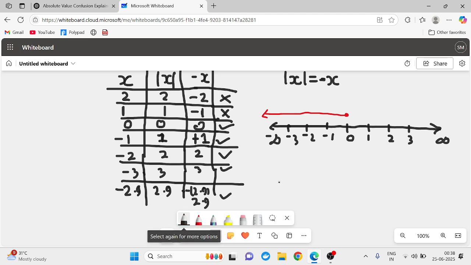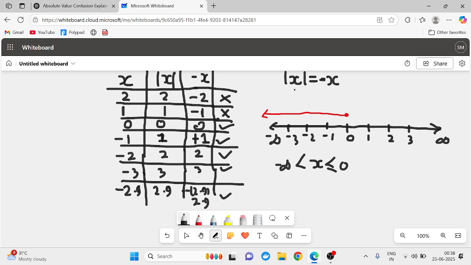So we can say that for x less than or equal to 0, mod x can be equal to minus x. This is by observation we could see it.